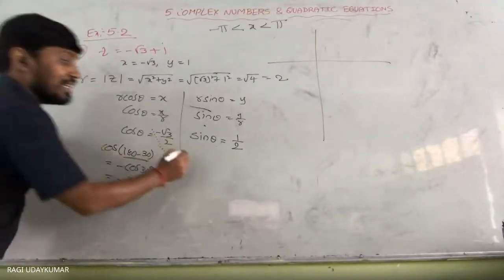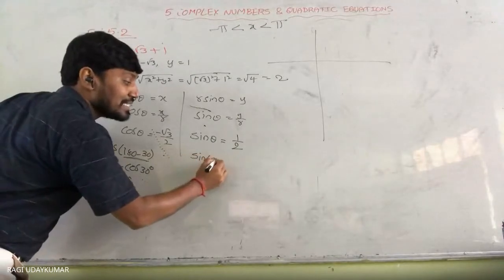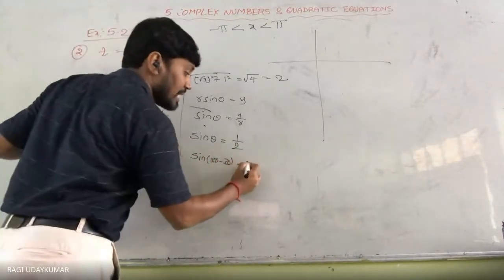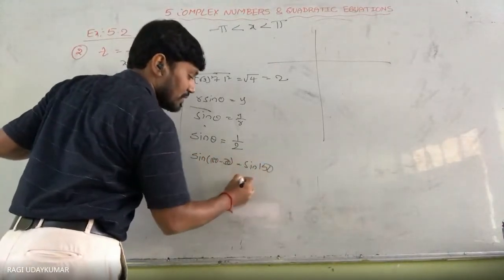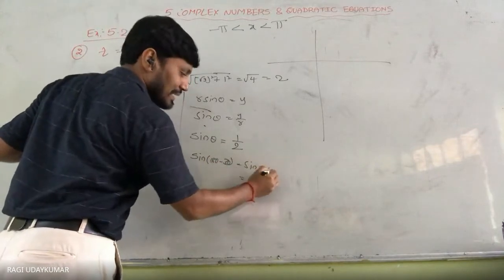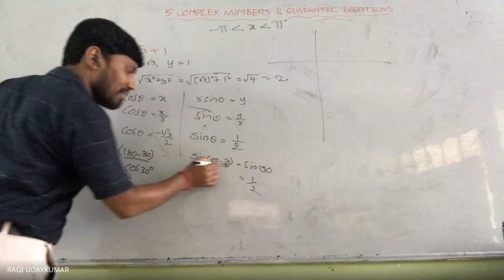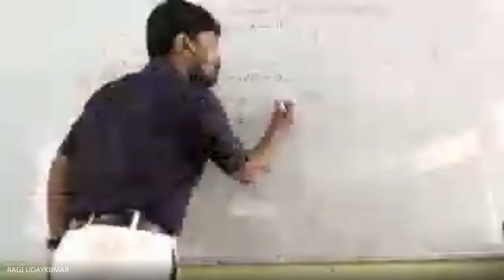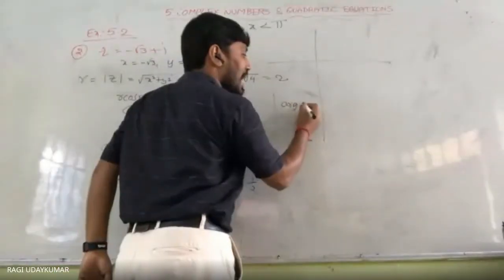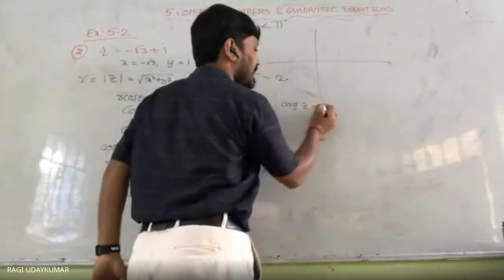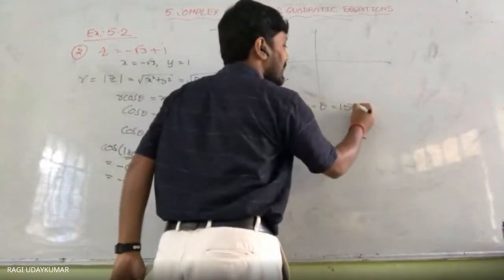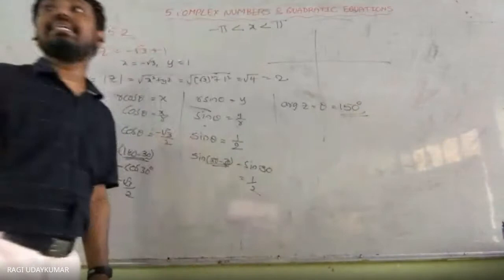Sin 180 minus 30 degrees is equal to sin 30 degrees, which is equal to 1 by 2. So that is nothing but 150 degrees. So in this, the argument, arg z is equal to theta, which is 150 degrees.